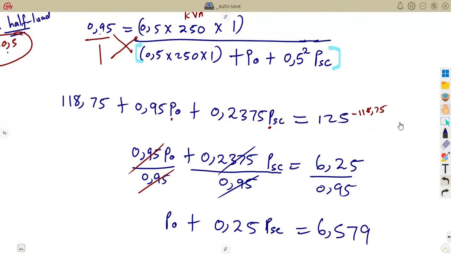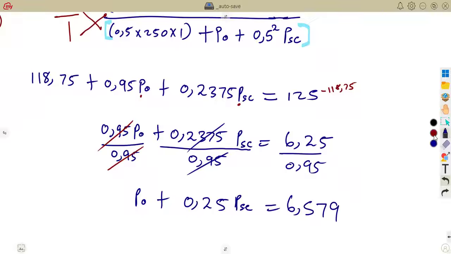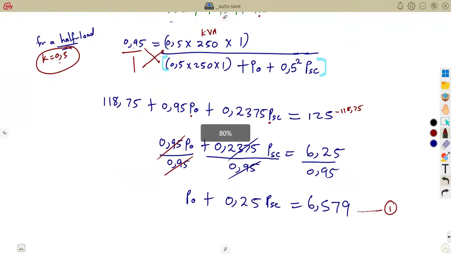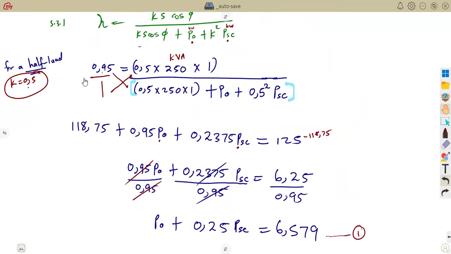All right, so that's an equation that you have formed. This one, we can call it equation 1. Let's leave it like this and see if there can be any adjustments after. So this is at half load. You formed an equation at half load.